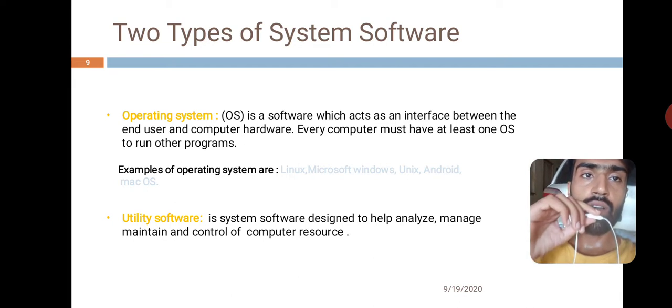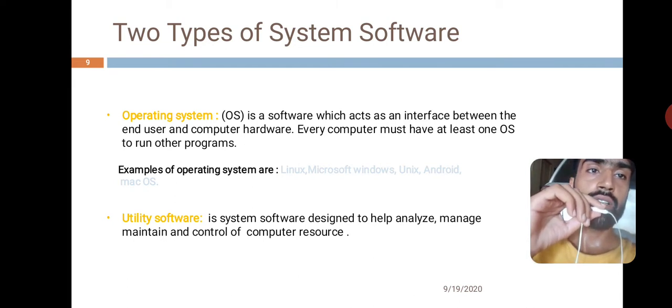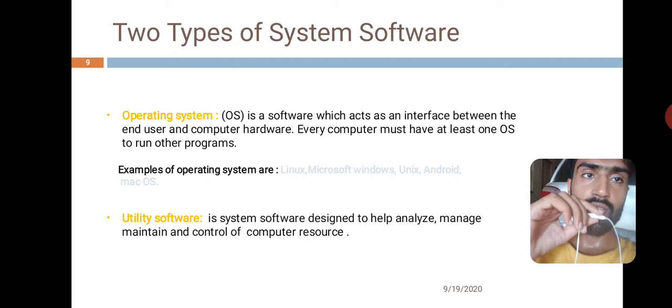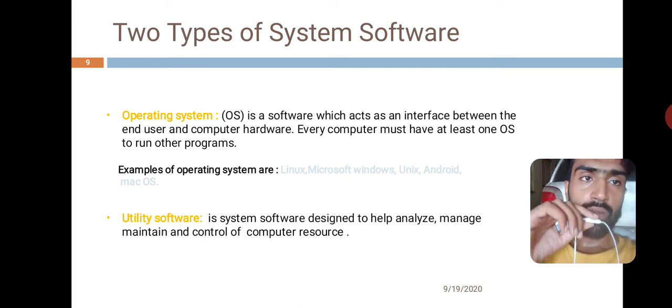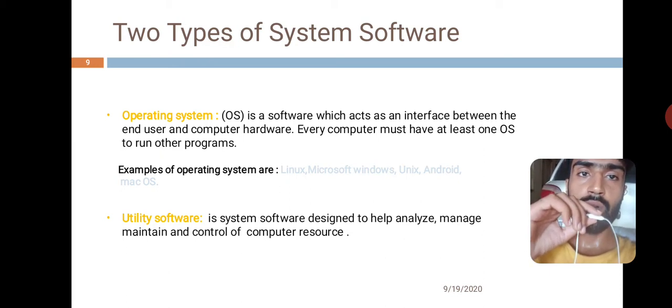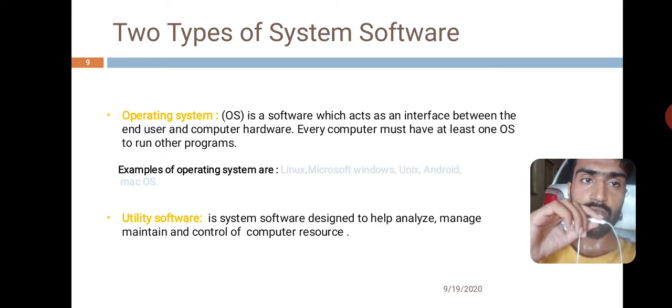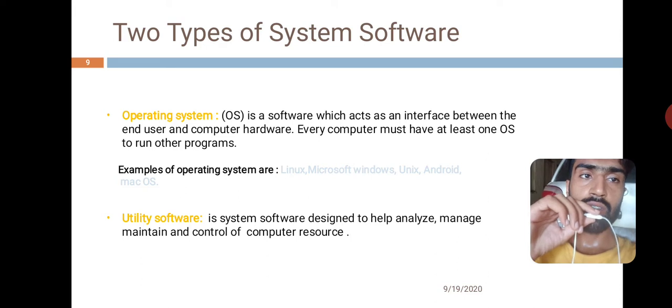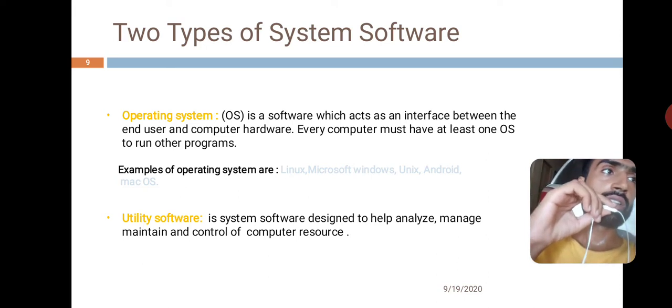Operating system: an OS is software which acts as an interface between the end user and computer hardware. Every computer must have at least one OS to run programs. Examples of operating systems: Linux, Microsoft Windows, Unix, Android.